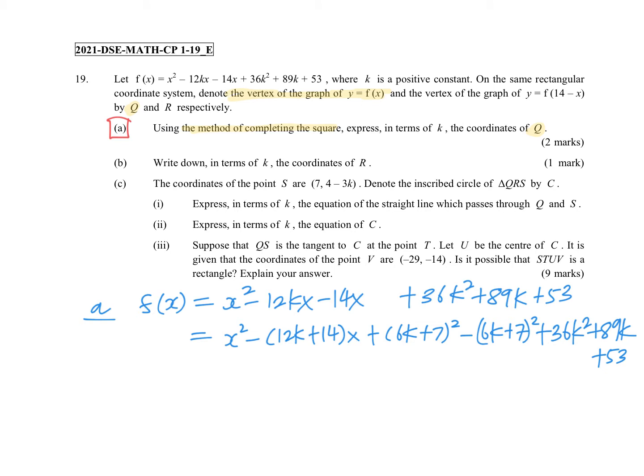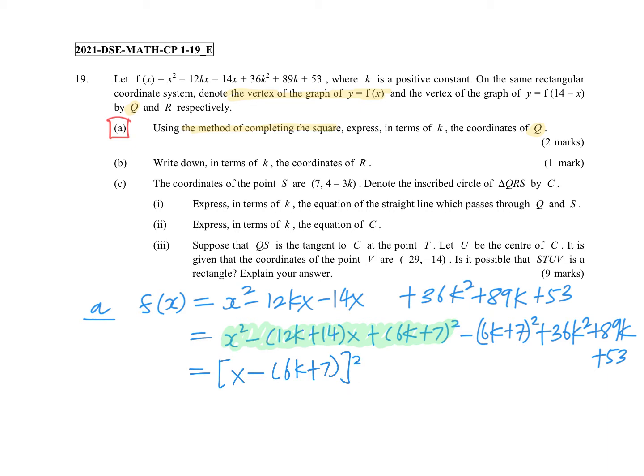We need the first three terms only, because they form the perfect square. Using a squared minus 2ab plus b squared, that will be x minus (6k plus 7) all squared.